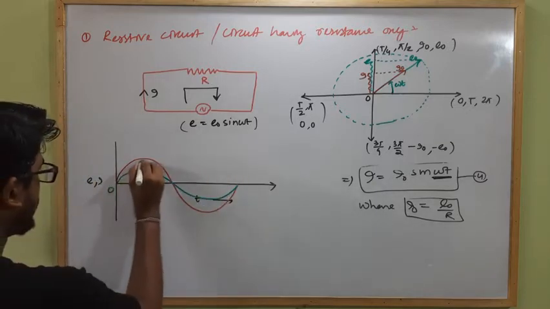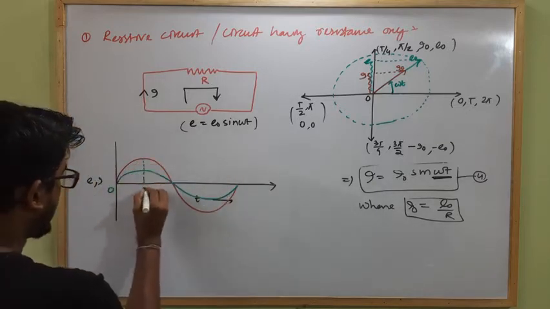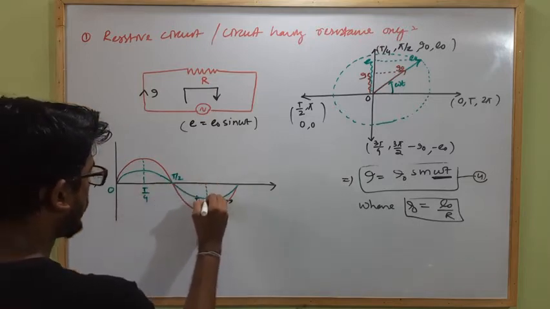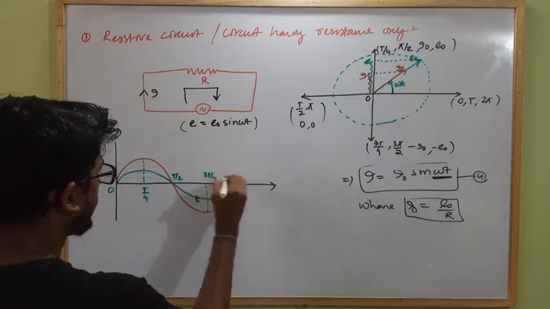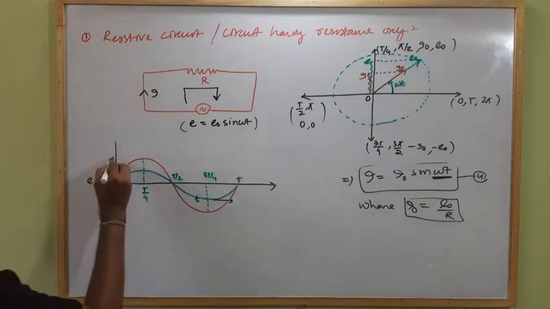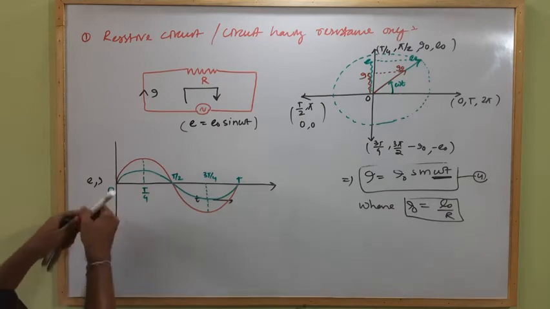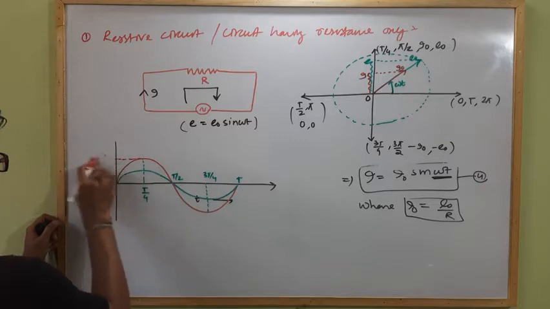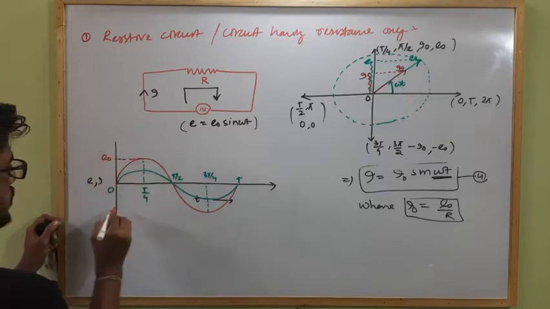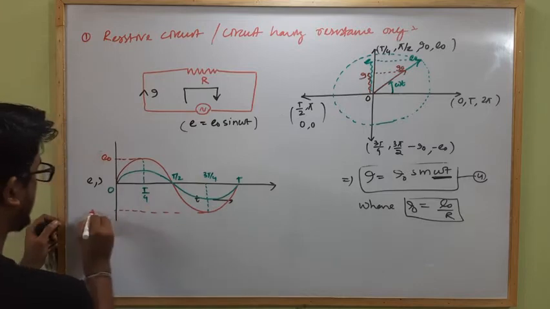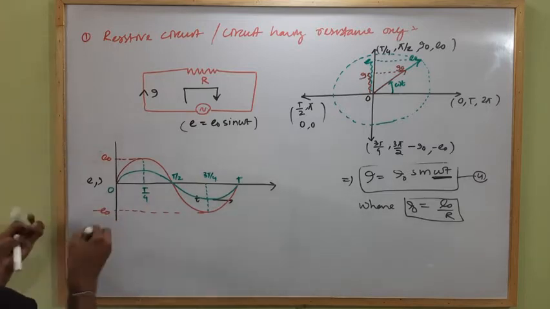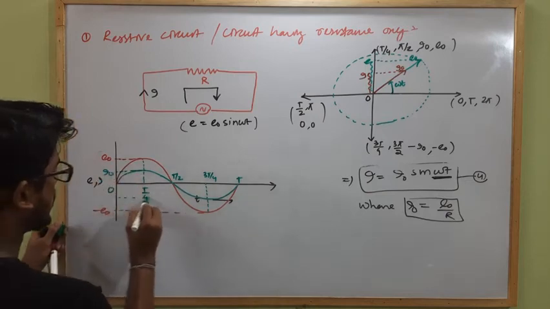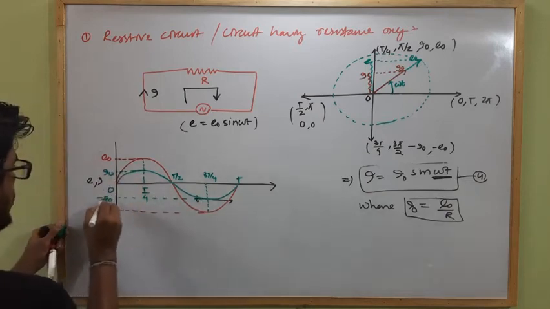This is 0, t by 4, t by 2, 3t by 4, t. This value is equal to plus E naught, minus E naught, and this value is equivalent to plus I naught, this value equal to minus I naught.